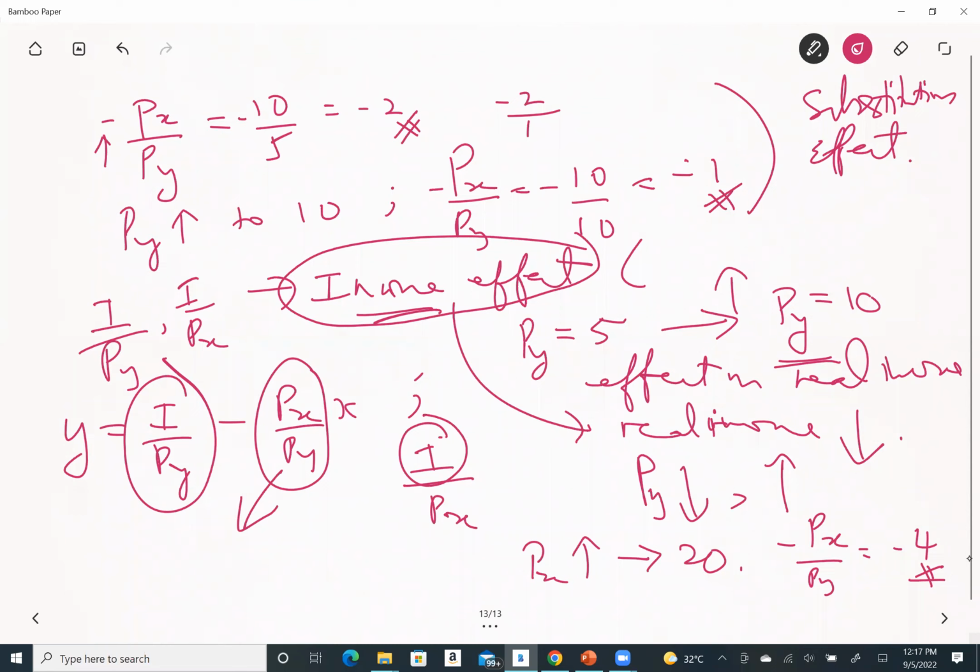So just common sense. If the price of petrol goes up to 20 and the price of rice doesn't change, relatively, if you think about substitution, which good do you substitute into? Are you going to consume more rice or more petrol?